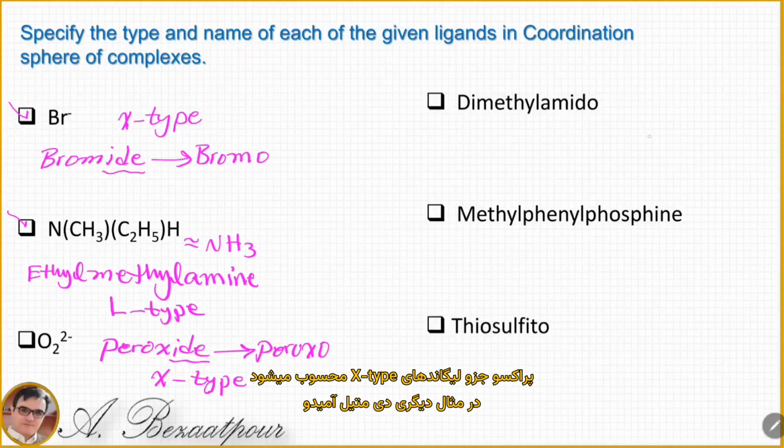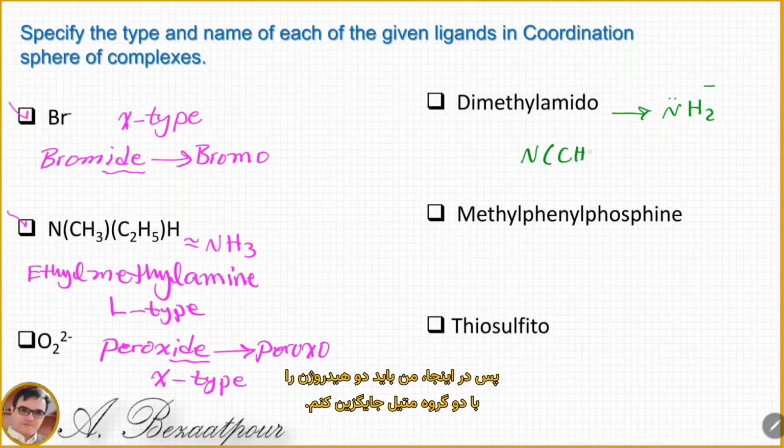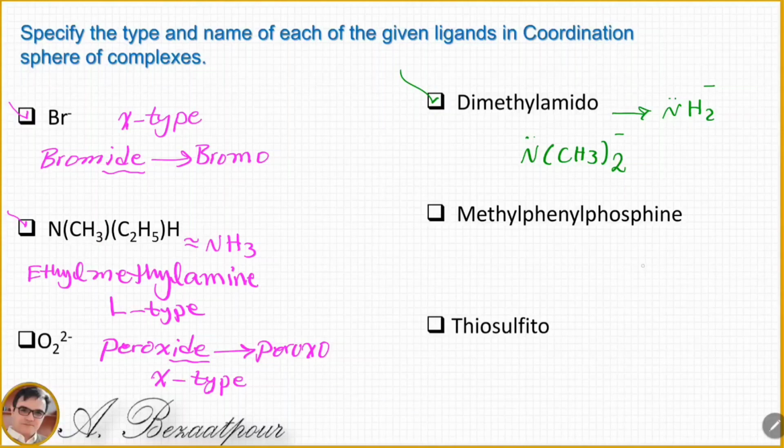And in the other one, dimethylamido. The amido ligand is NH2 minus, so here I have to replace the two hydrogens with two methyl groups. Methylphenylphosphine will be MePhP.